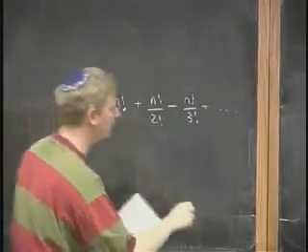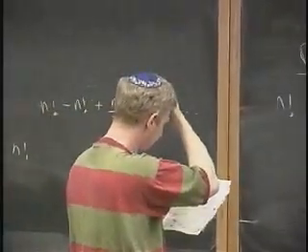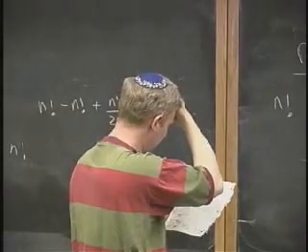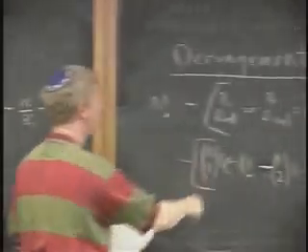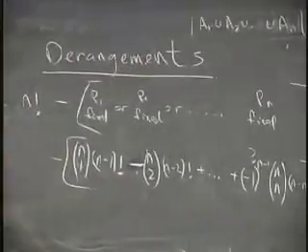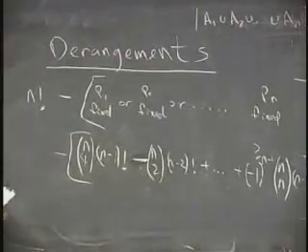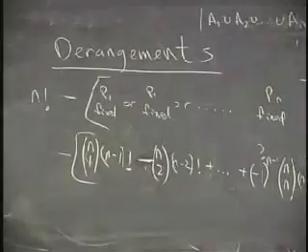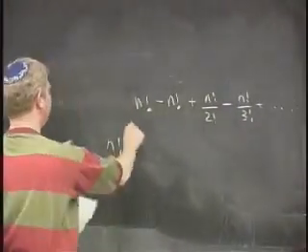I missed one somewhere. What did I miss? I'm probably missing a term at the beginning here. No, I don't think I did anything wrong, but something's wrong. I hate that. Well, let me see what I have so far.